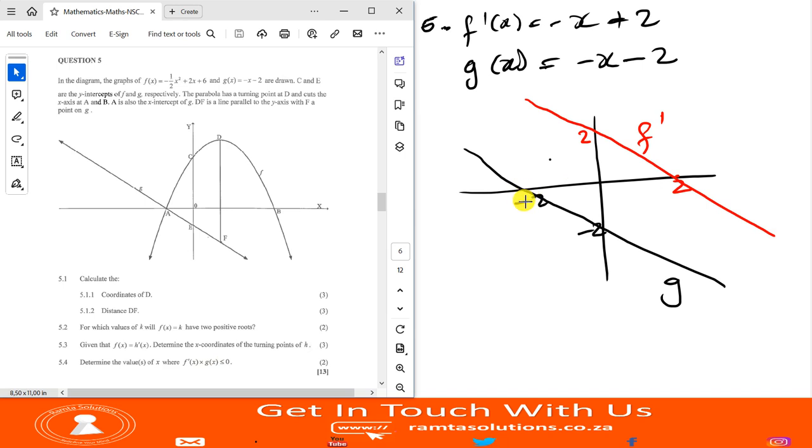To the left of x equals minus 2, all of them will be positive. Do you guys agree? That's not what we are looking for. At x equals negative 2, one is 0 and the other is non-zero. So we proceed.